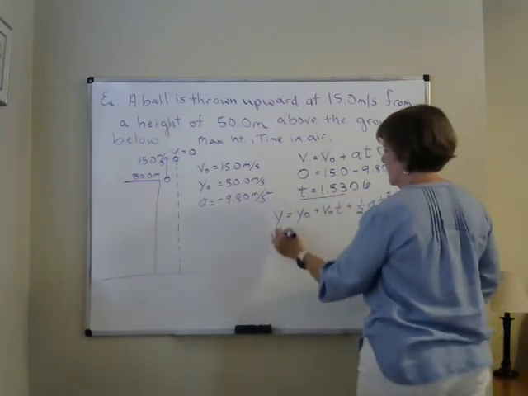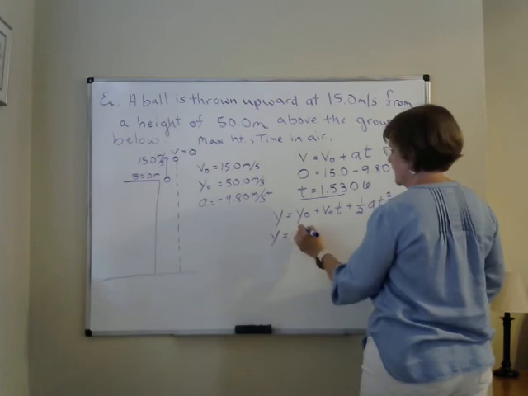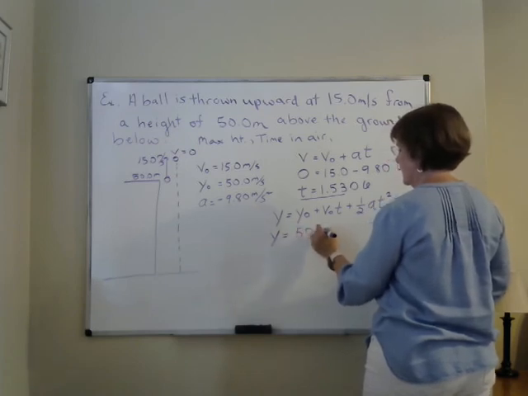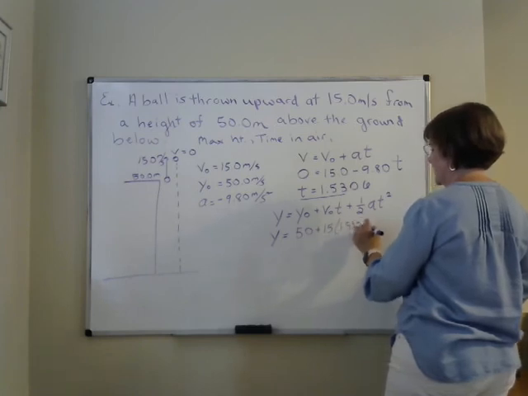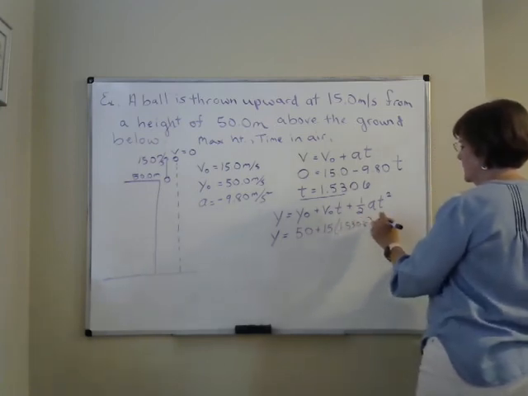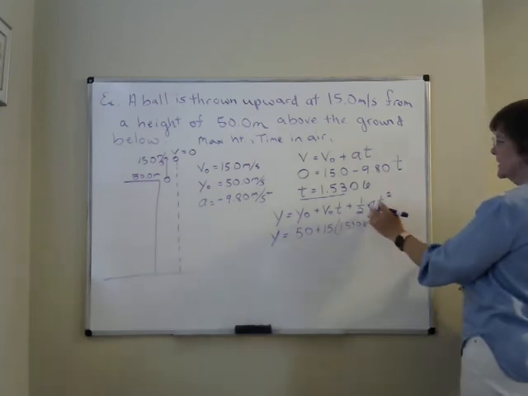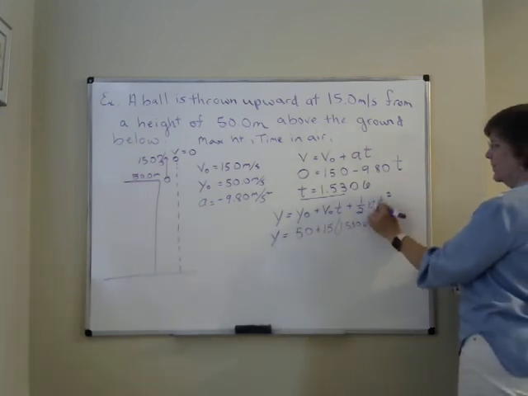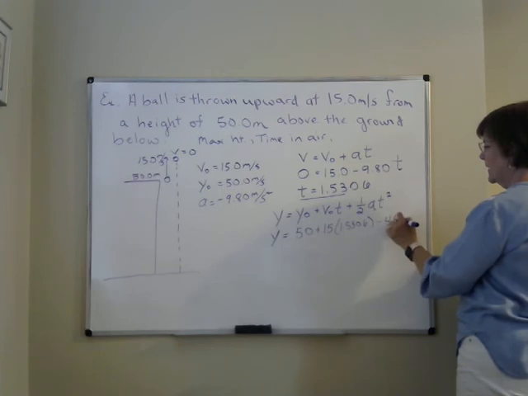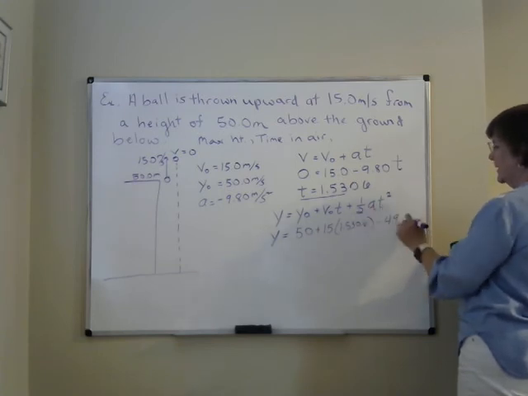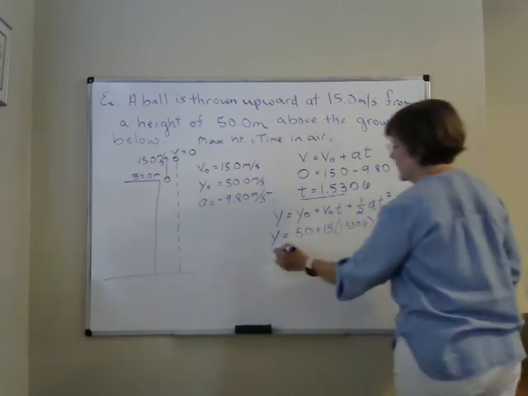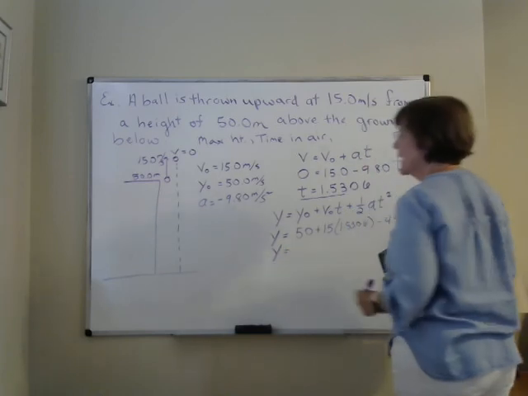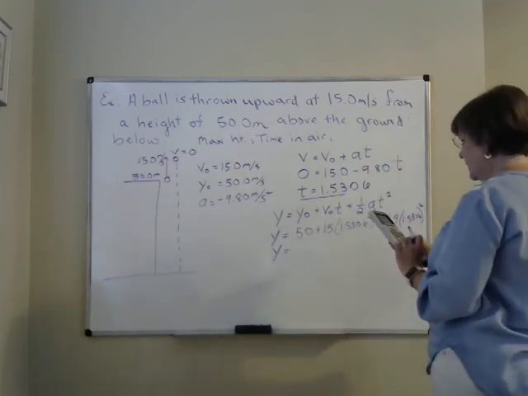So this was 50, this was 15, this is 1.5306 plus, the acceleration is negative 9.8, so this is minus 4.9, 1/2, and then 1.5306 squared. If I want to plug all that in, that'll tell me how high above the ground it is.